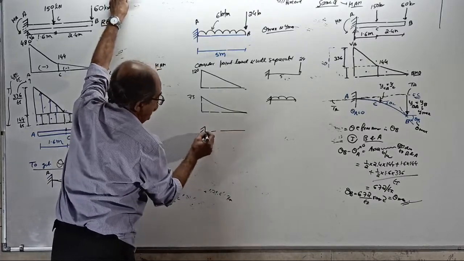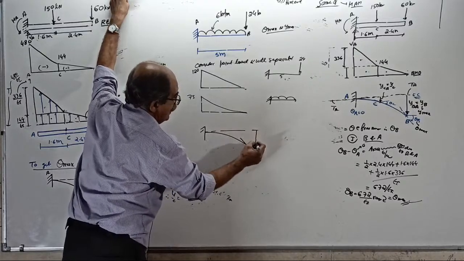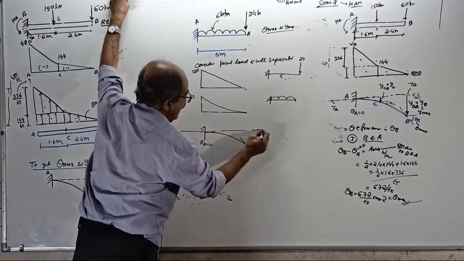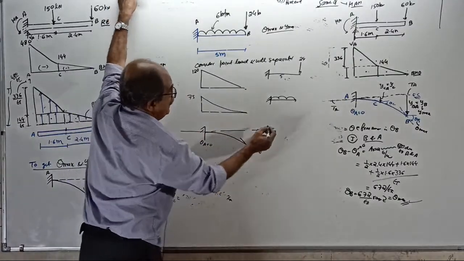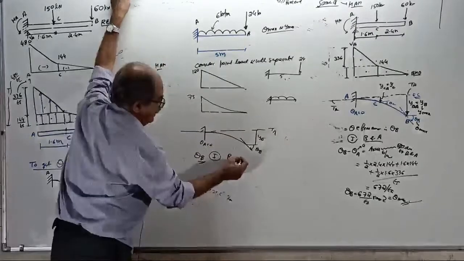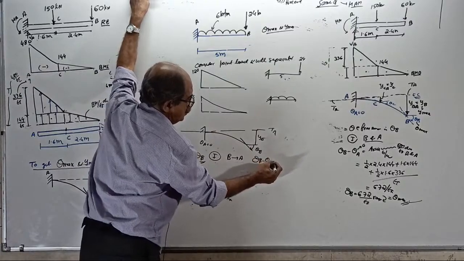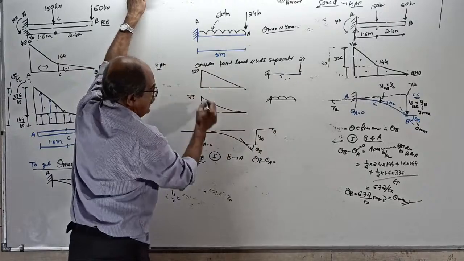Now, you want the moment area method. The elastic curve will go this way. This is your theta B, that is your YB. As usual, theta A is 0. This is the tangent at A. You want to find theta B. What you do? From B to A, theta B minus theta A equals the area of the BM by EI diagram between these two points.